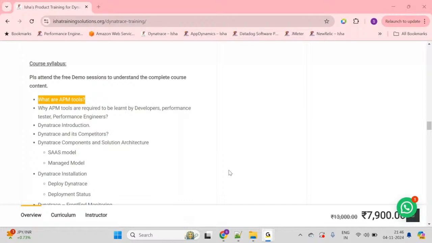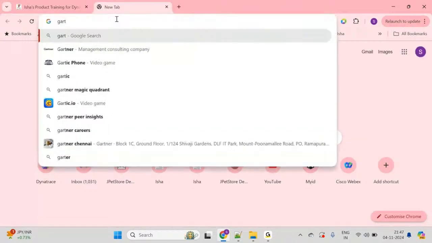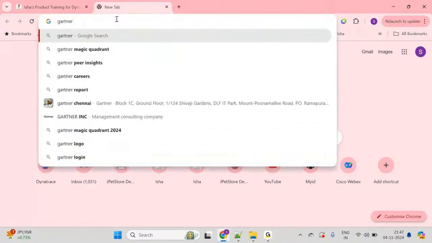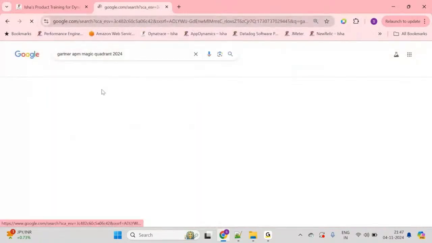Okay. So among these popular four tools, Dynatrace is the main tool. Like in automation testing we have many tools, but Selenium is like a king, so like this, Dynatrace in APM.